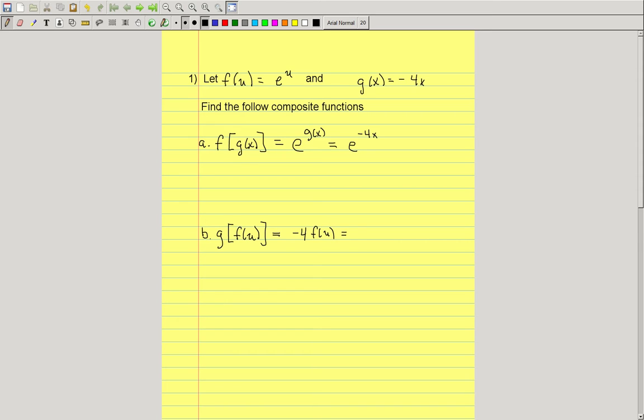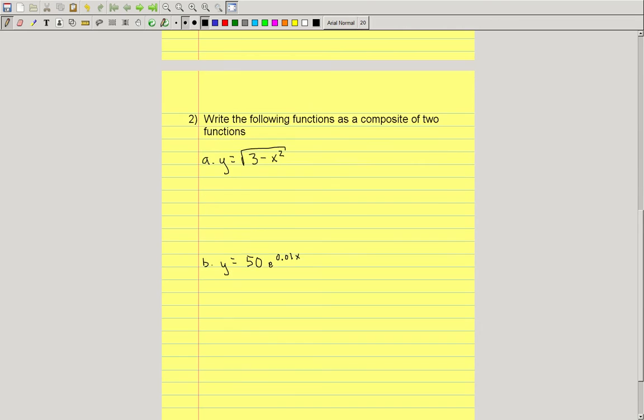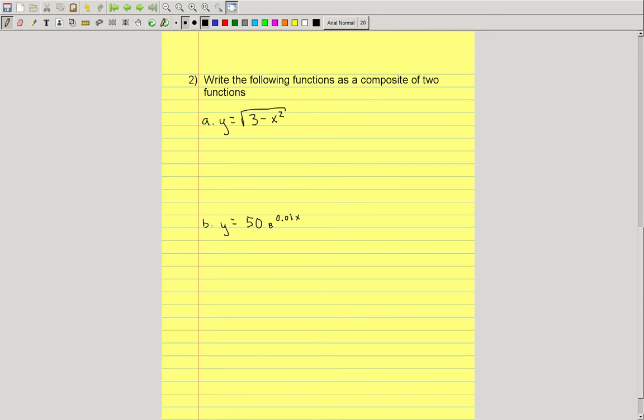Then we replace f of u with its definition. So we get negative 4e to the u. All right? The more important skill is when we do this backwards, when we take one function and break it up into its components.